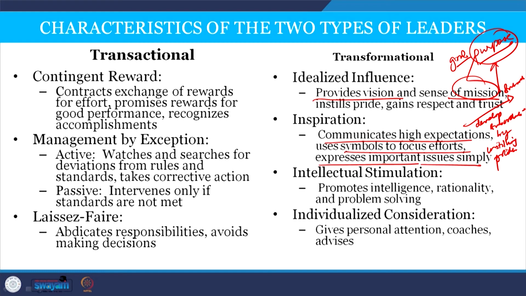So, intellectual stimulation is basically about how to develop subordinates' decision-making skills, intellectual capability, creativity and problem-solving skills, so that in future they are ready to take up additional responsibilities in organizations.